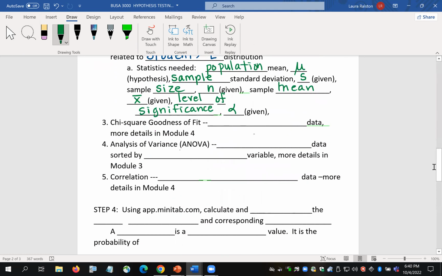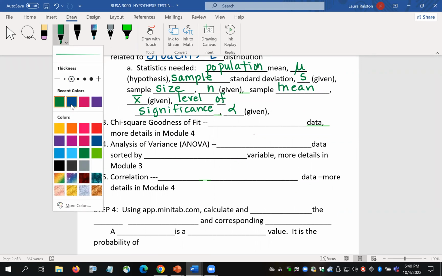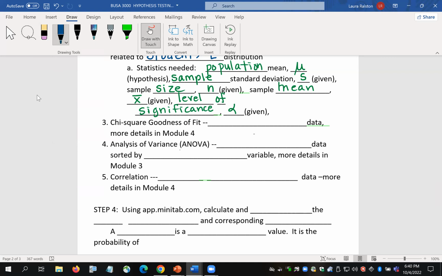We also talk about the chi-square test in Stat 1401. We will actually talk about the chi-square test in Module 4, and there are actually 3 different chi-square tests that we'll talk about. One of them is goodness of fit.